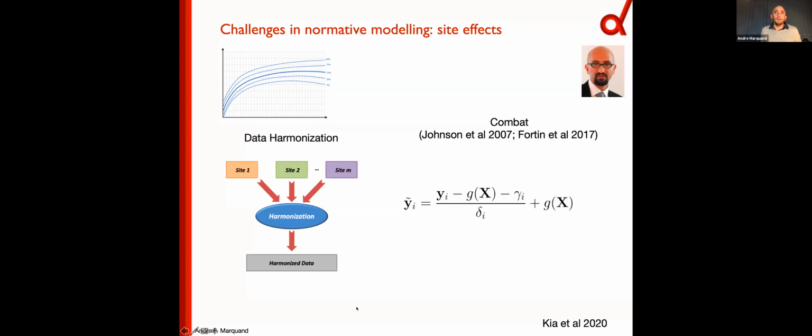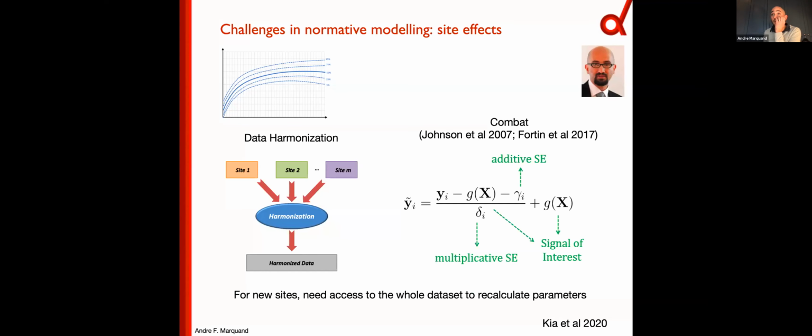The idea behind ComBat is we adjust the data in this form. There's a parameter that describes an additive site effect, a multiplicative site effect, and then the signal of interest is captured in this way. And I'll explain how it works in the next slide.